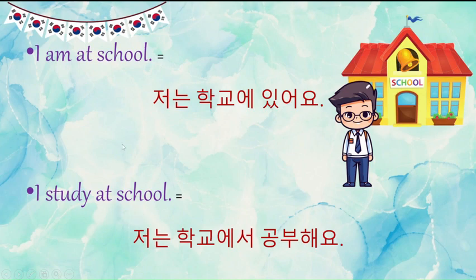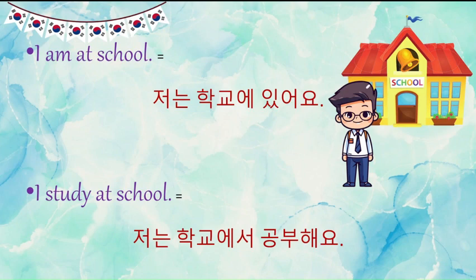The location is school and the action is study. Therefore, we have used the particle 에서 to indicate the location, that is school, where the action, that is studying, is taking place. Okay, this is the difference. Although these two sentences look kind of similar, you have to be precise with their meaning.